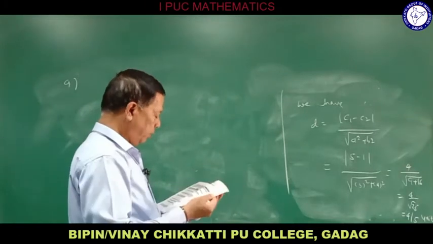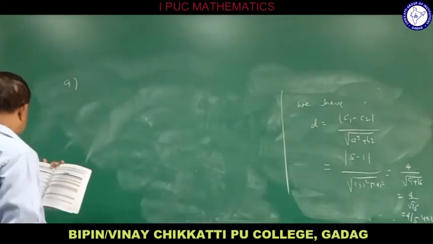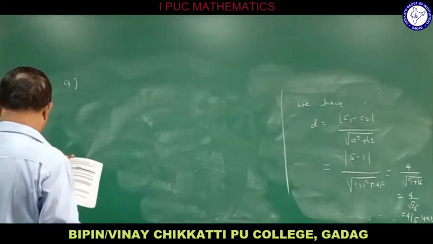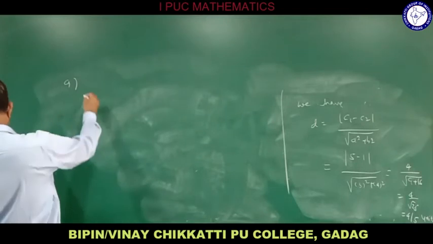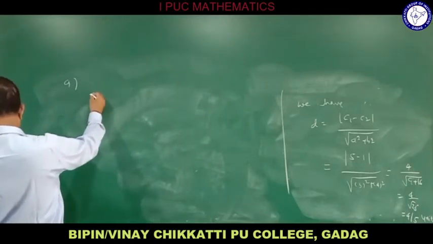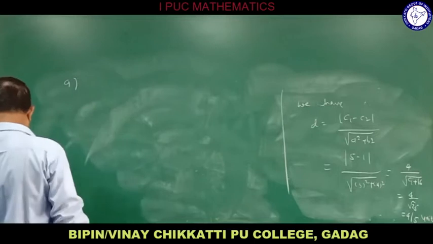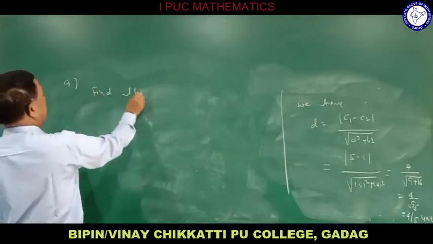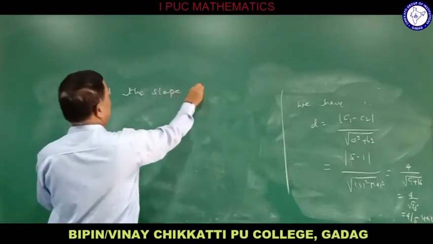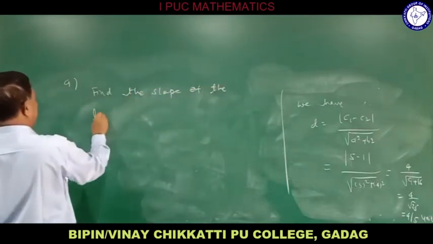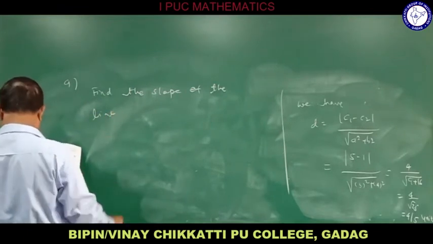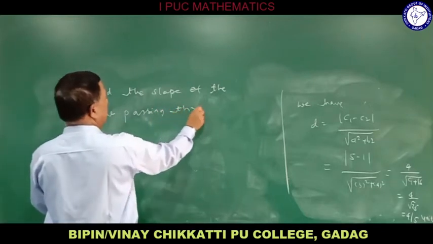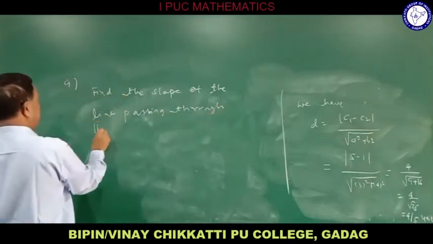Now here is question set number 9, and this question is from the 2019 question paper. What is the problem here? Find the slope of the line passing through the points.